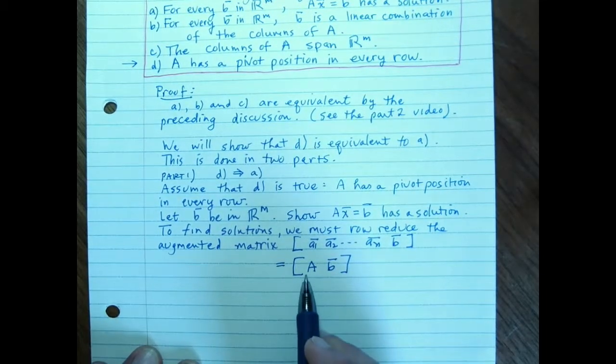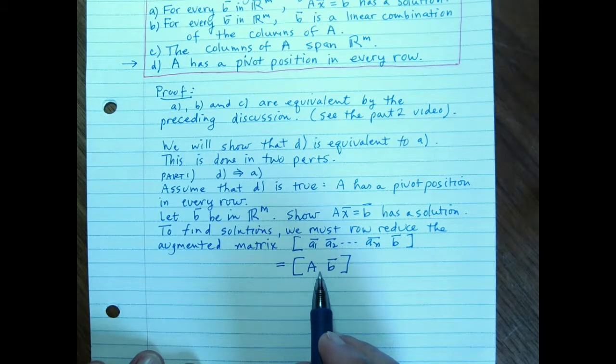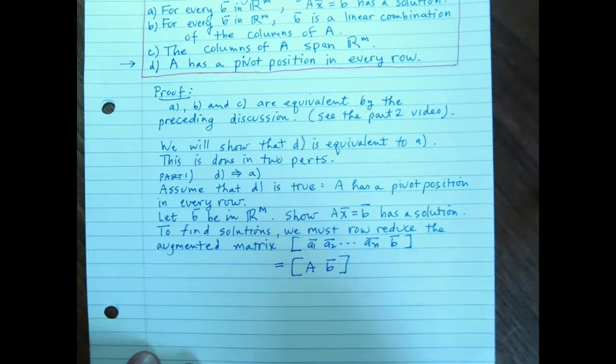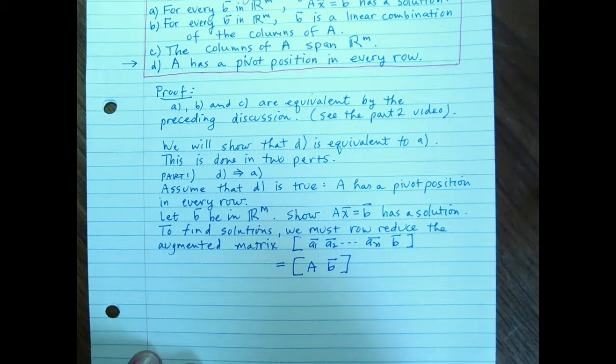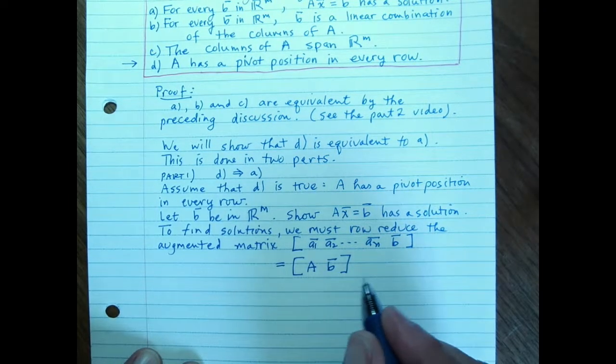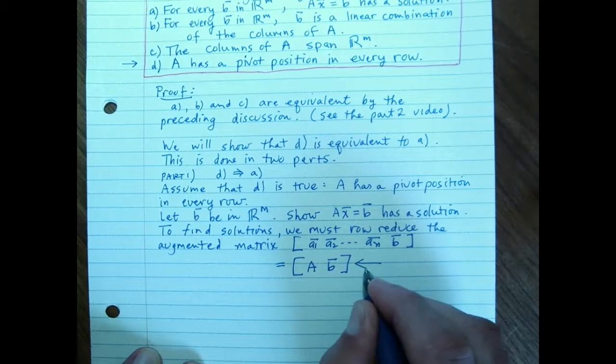So this is sort of a shorthand. When I put A here, I mean all the columns of A followed by the b column vector. This is not a matrix inside a matrix. I really want to just take the entries of A followed by the entries of b. So we have to row reduce that.